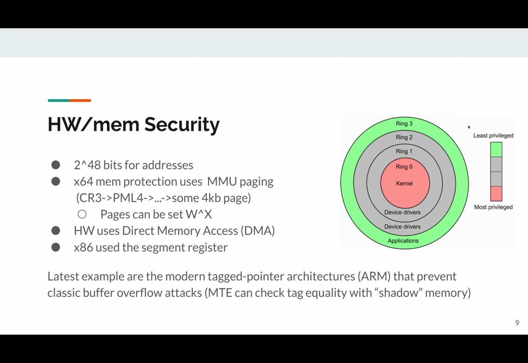We see that the hardware provides certain rings of execution. Things can execute in one of these rings or another, and depending on how far out you are, you're less privileged than if you're at the center of the circle, on ring 0, for example, and we say here that the kernel is executing on ring 0.